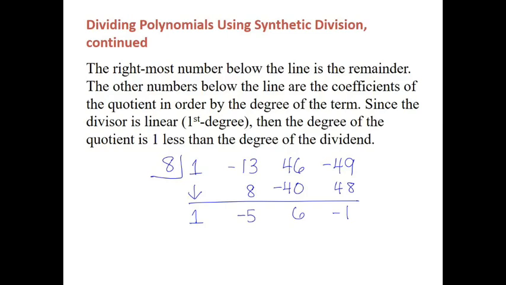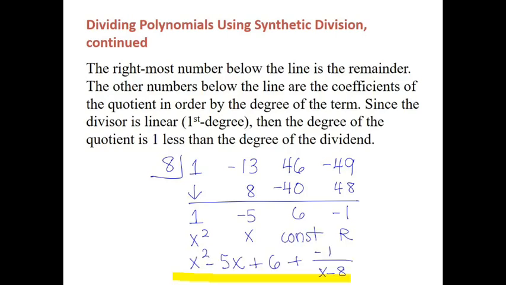The other numbers below the line are the coefficients of the quotient in order by the degree of the term, but it's one less degree than what you started with because you've done a division. So we started with an x cubed, now it's an x squared. And so your final answer, you just read, and again, your descending powers of x, so you've got x squared, x, and then a constant.